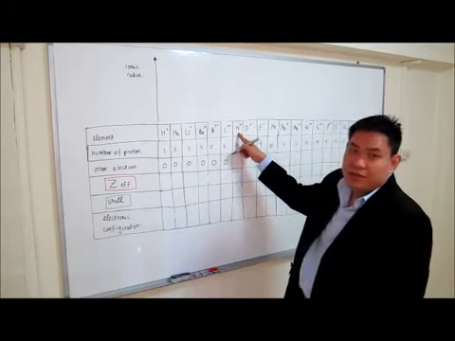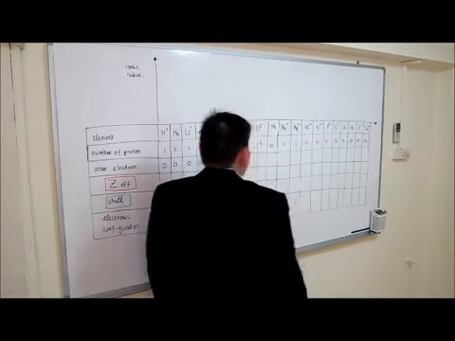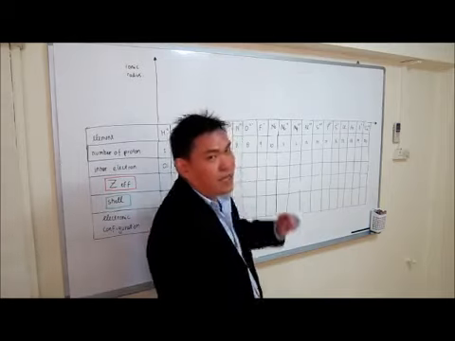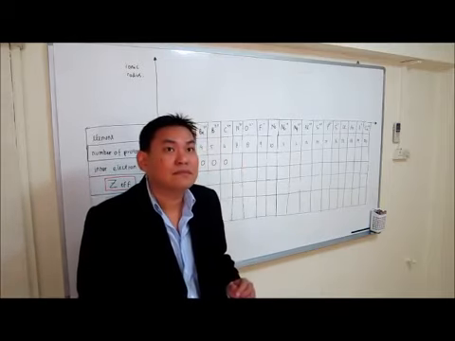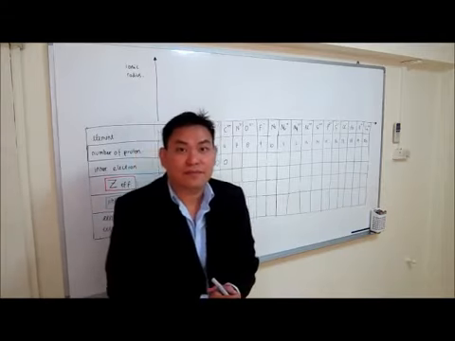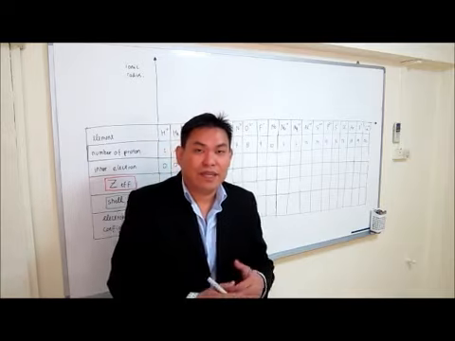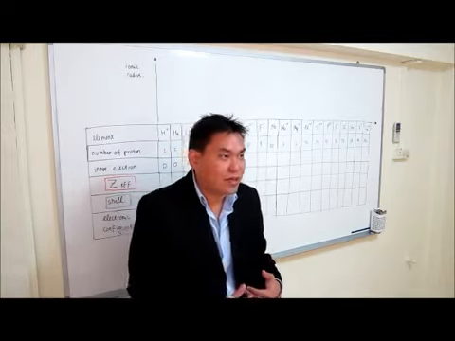Starting from nitrogen 3 minus all the way until silicon 4 plus, each of them has 10 electrons, and there will be 8 electrons on the outside and 2 on the inside.